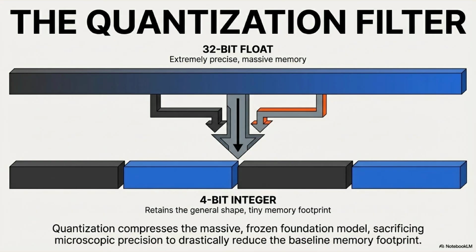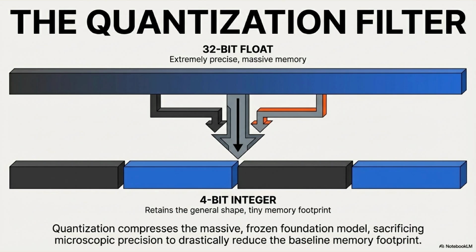LoRA solved the trainable parameter problem, but there was still one remaining obstacle: the base model itself. Even if you only train a small LoRA module, you still have to load that enormous frozen base model into memory, and in its native 32-bit floating point format, that's still hundreds of gigabytes. This slide shows the solution: quantization, and the visual makes it immediately intuitive.